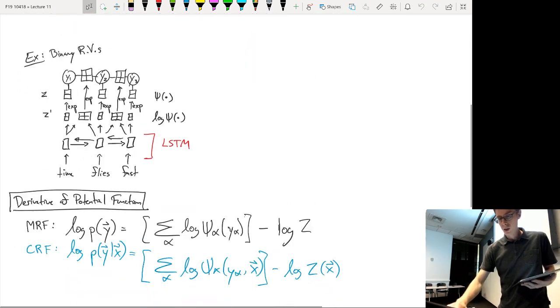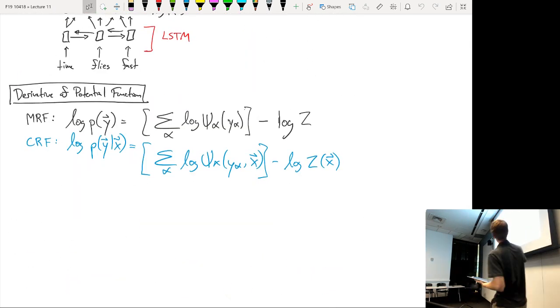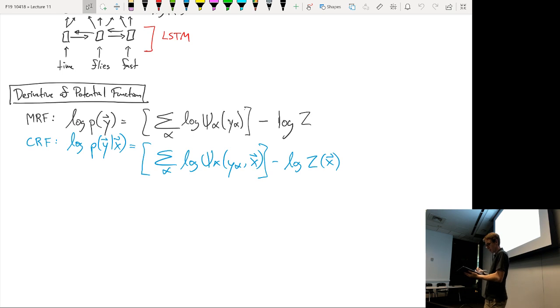So here is just the log probability written out. Now we're going to compute the derivative of this log probability with respect to Z prime, which is the log potential functions.